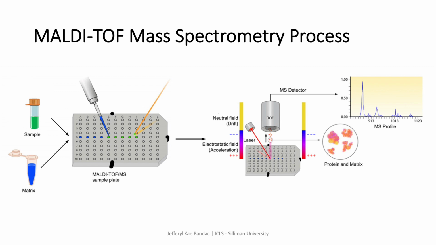These generated ions are separated depending on their mass to size ratio through a time-of-flight analyzer, and a spectral representation of these ions is generated and analyzed by the mass spectrometer software, generating a mass spectrometer profile.